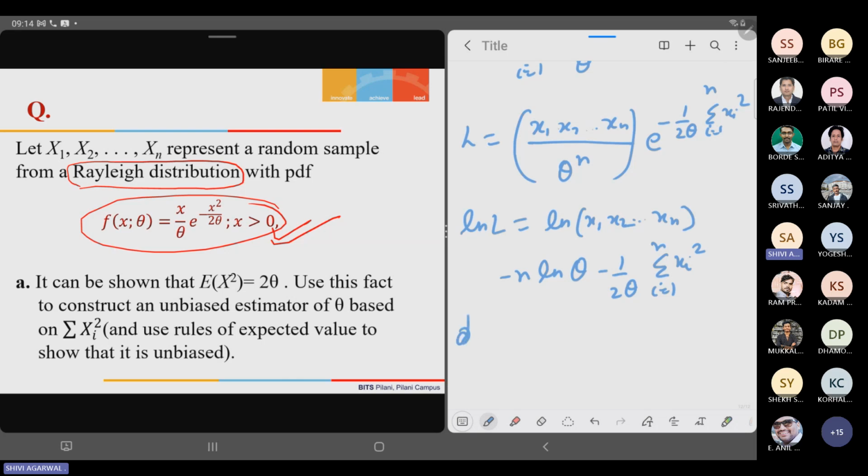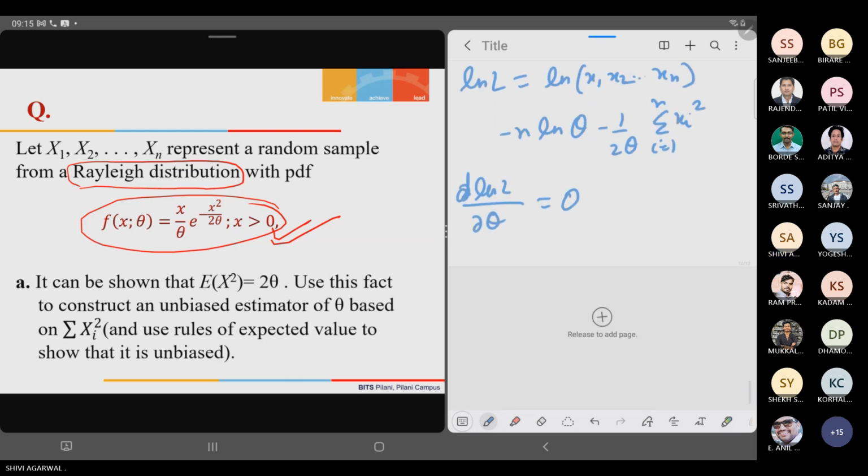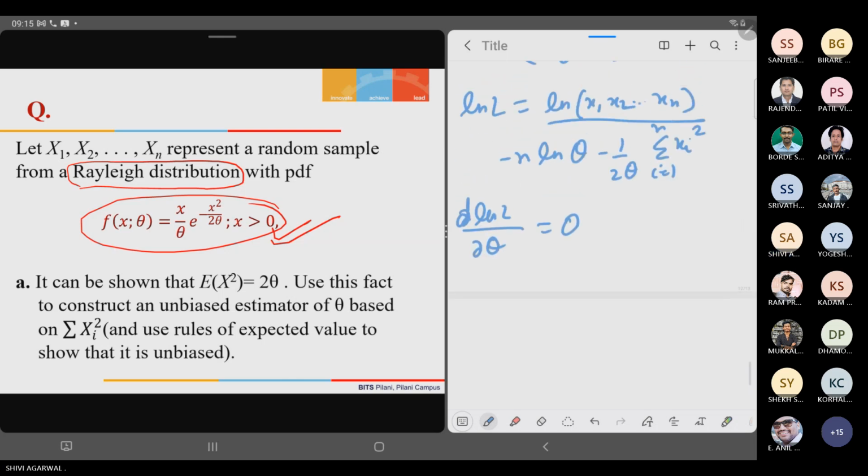So d of ln of L upon d theta is equal to 0. Differentiate it. The first term has no theta, so it will become 0. Here n ln of theta differentiated, it is n by theta, minus 1 upon 2 summation of i equal to 1 to n xi square.